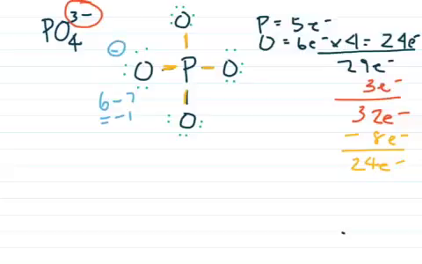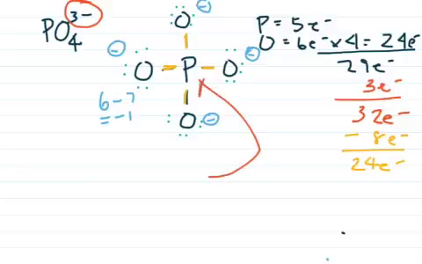Well, if I look at all of these oxygens, they are exactly the same formal charge as this oxygen. So I'm going to put the charge on the oxygens. Now let's take a look at phosphorus.